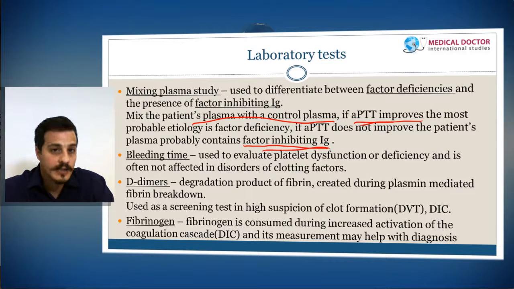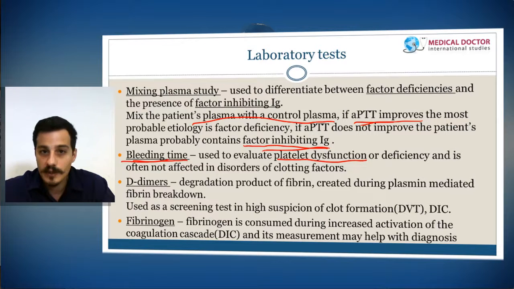These antibodies would also inhibit the factor which is found within the control plasma, and this is why APTT won't be improved.